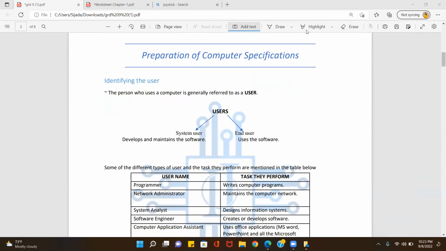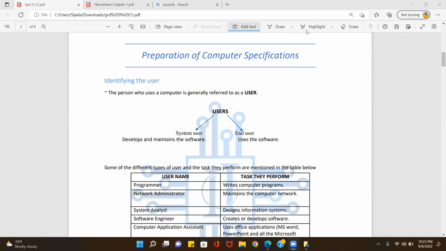A system user does things inside the computer, designing programs, creating games, software, any kind of document. They do things at the back end of the computer. A person who does things at the back end of the computer is known as a system user.